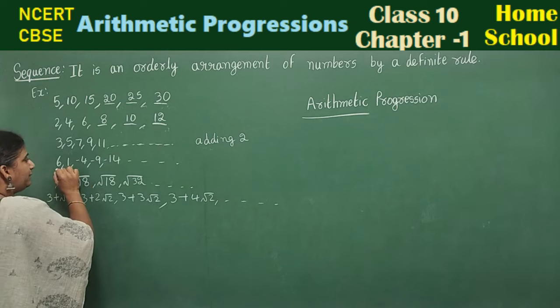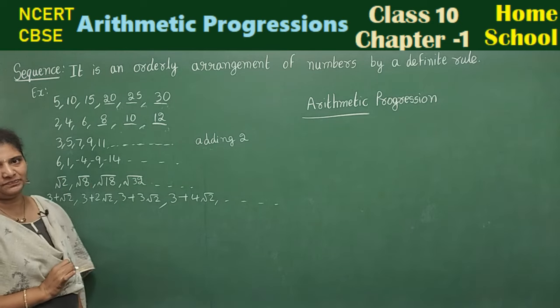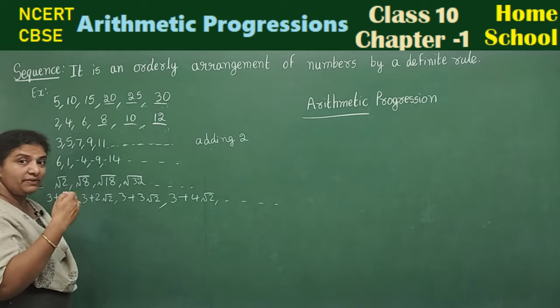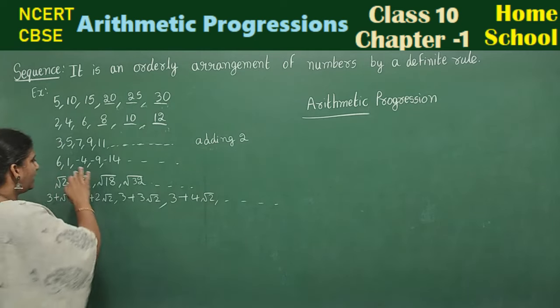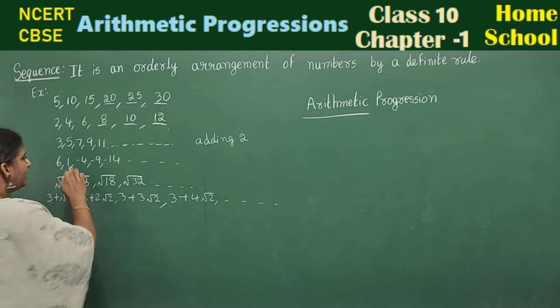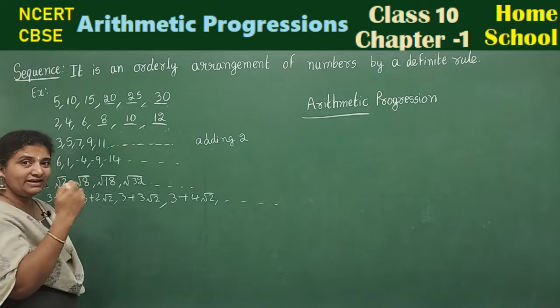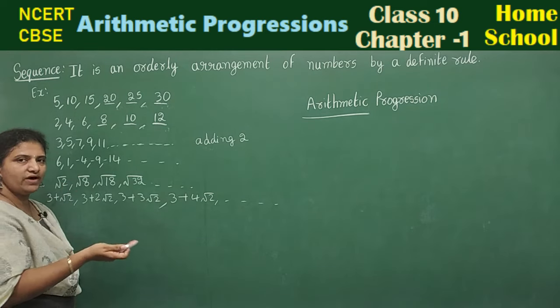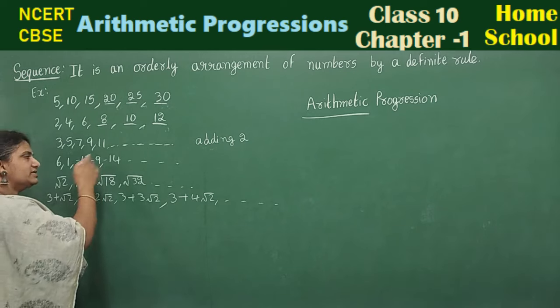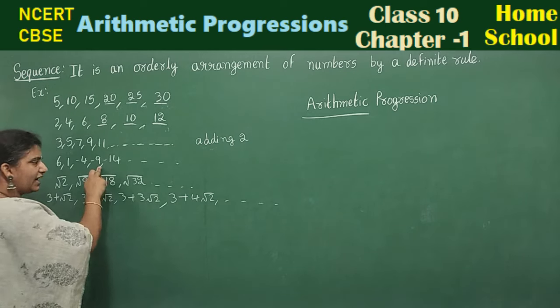See the next example. 6, 1. I think here something is subtracted. How to get 1? From 6, 5 is subtracted. And again look here. 1 minus 5 will be minus 4. Again for minus 4, subtract 5, minus 9.